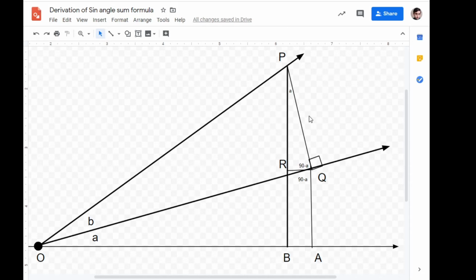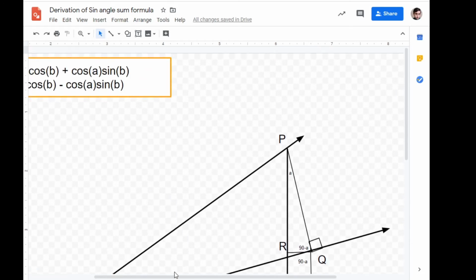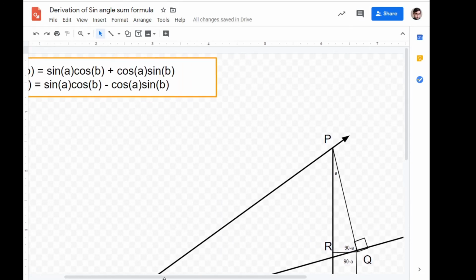Now, we have built everything that we need in order to prove these two formulas.